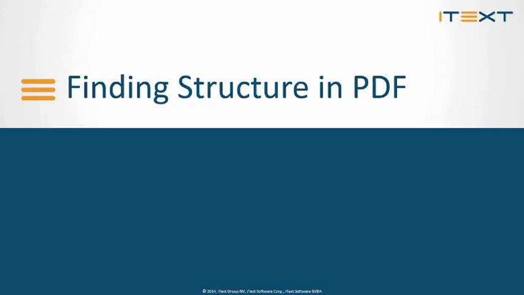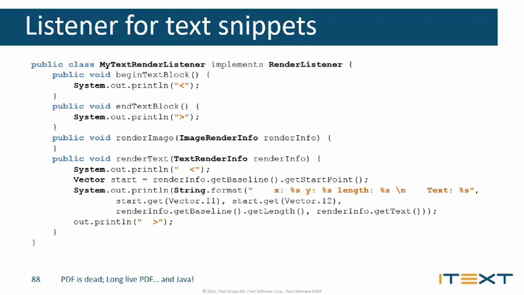So first, the basics. Here's some Java iText code to get the text information out of a PDF file. It's a listener implementation. So when iText processes the content stream, as Bruno showed in RUPS, it will do callbacks to such a listener. Whenever a text block begins, we write a smaller than sign.